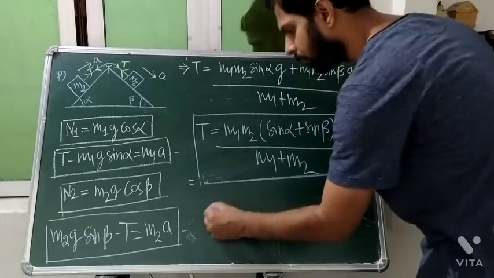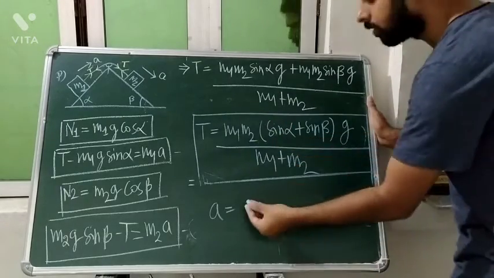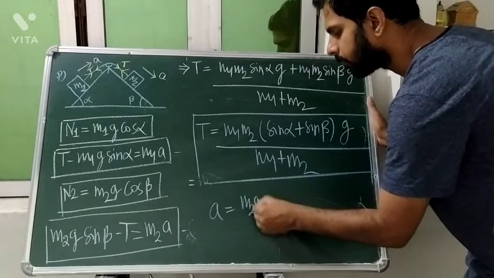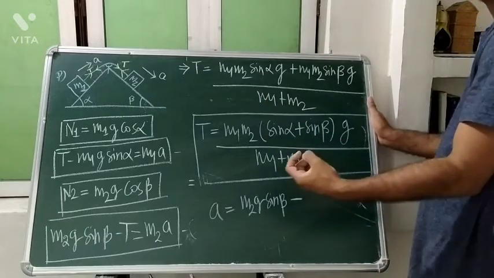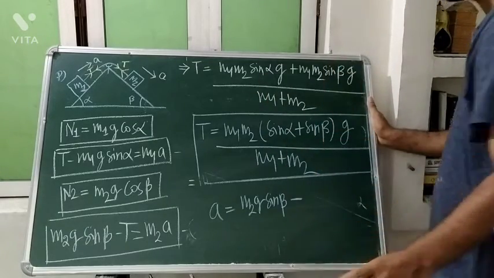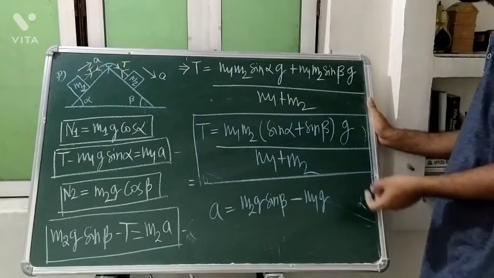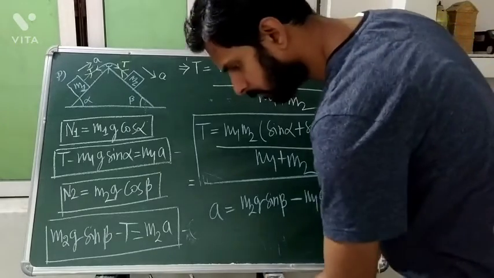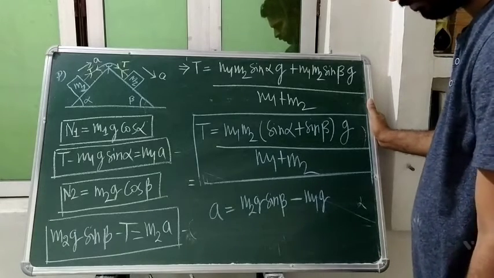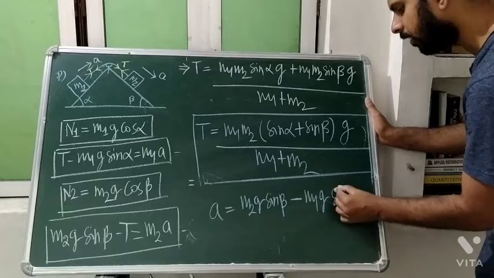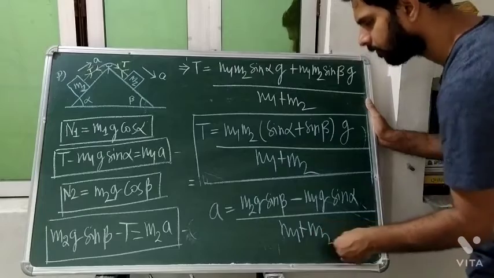And of course the acceleration we were getting: the force adding to the acceleration was m2 g sin beta, and m1 g sin alpha was subtracting from the acceleration, so m2 g sin beta minus m1 g sin alpha, divided by m1 plus m2.